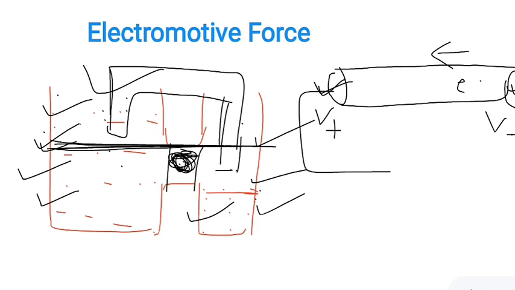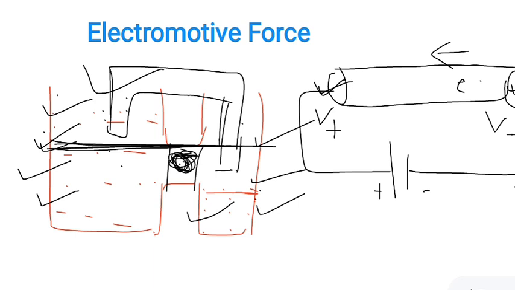So we need a battery or a cell. Okay, this is the source of current, this battery or cell, which maintains the constant potential difference between the ends of the conductor.